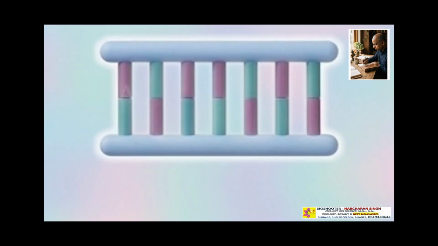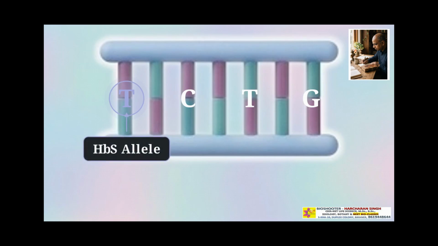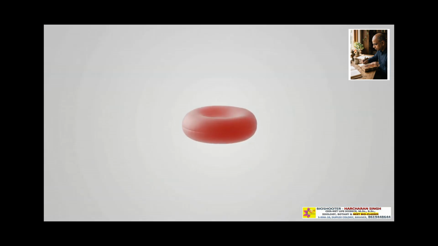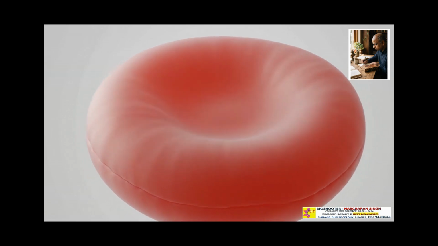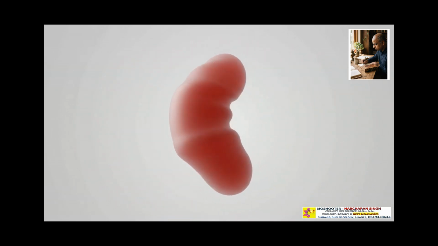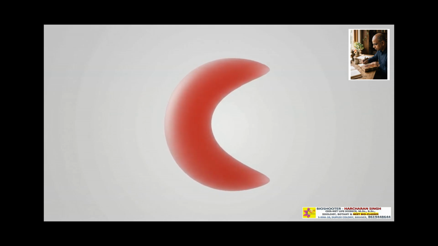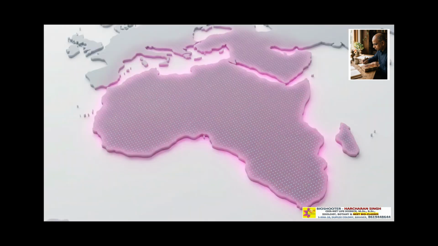A single nucleotide substitution in the human beta-globin gene creates the HBS allele. Homozygotes possessing 2 copies of this allele suffer from severe hemolytic anemia as their red blood cells distort and collapse, yet the allele persists in specific geographic regions because heterozygotes, possessing just 1 copy, gain resistance to severe malaria.